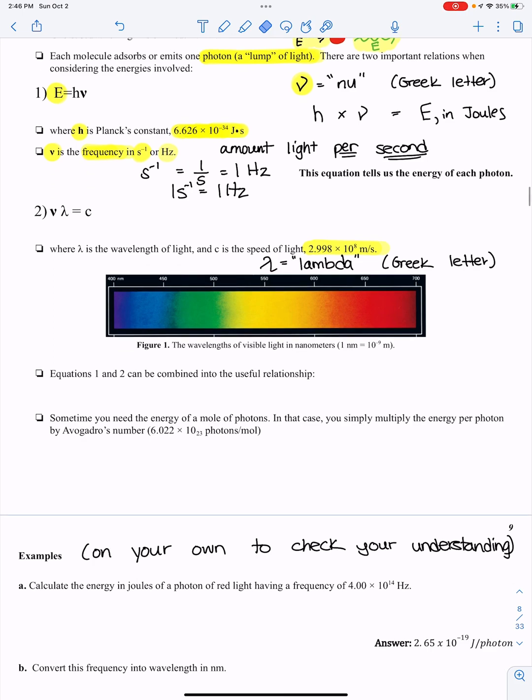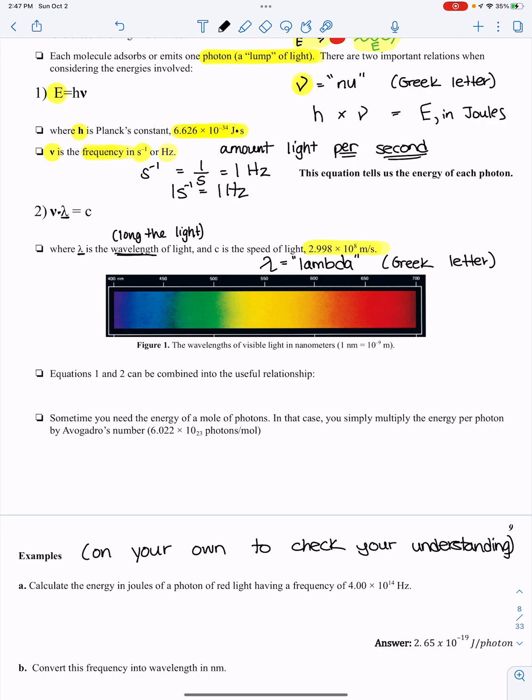Now, it's not typical to use frequency. Sometimes we use something else called lambda, which right here is the wavelength. This is lambda, the wavelength of light, which is how long the light is. So we have frequency, which is how much light we get per second, and then we have wavelength, which is exactly how it sounds, how long the wave is. If I want to go from wavelength to frequency in order to calculate energy, I have this equation.